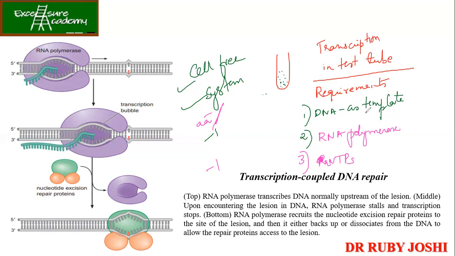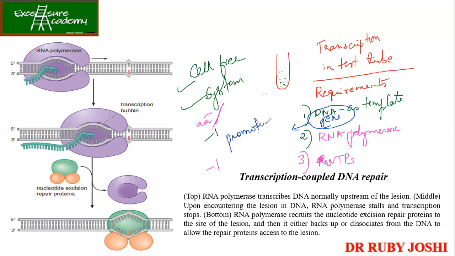Then what is the starting point for any transcription to begin? So the gene of the DNA is there. What should be present on this gene so that the RNA polymerase can come and start? The promoter region. Yes, very good. That is the word we wanted to hear.